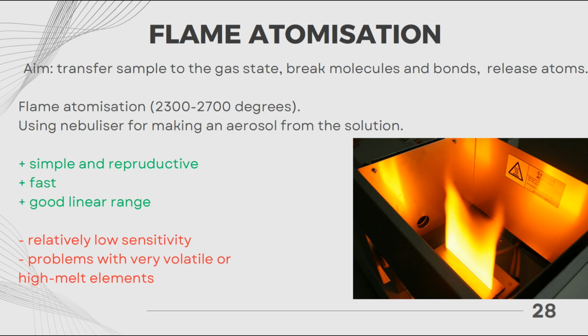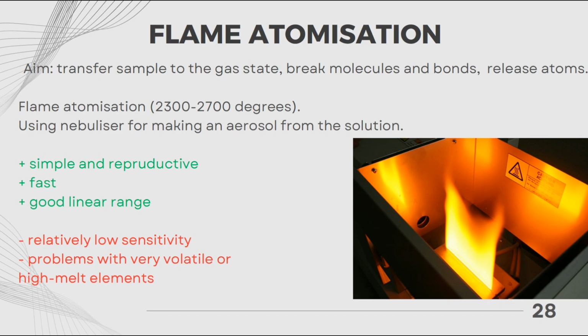We have an aerosol in order to evaporate it easily. And then you burn it and everything happens. So you evaporate it, transfer to gas state, break all molecules, and release and excite atoms. And here you can see the part of the optical system. It goes through the flame, and then you register the absorbed light.